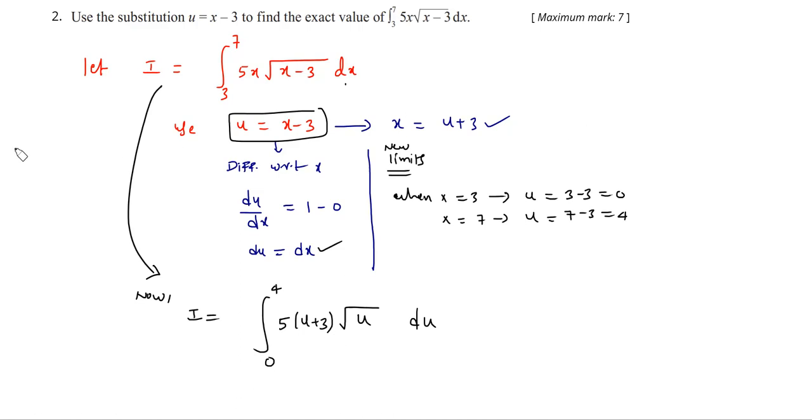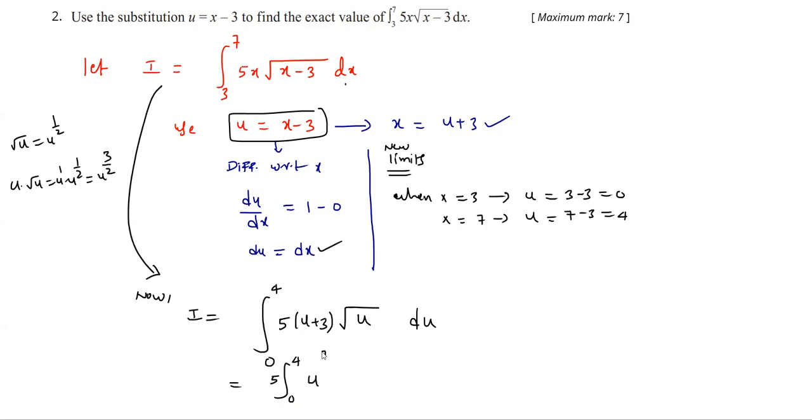Root u means u power 1 by 2 only. Everyone knows that. Square root is power 1 by 2. Now, I'm going to simplify this. Integral 0 to 4. 5 I'm keeping outside. This root u goes into the bracket. u times root u means u times u power 1 by 2, where powers are added together, u raised to the power of 3 by 2.